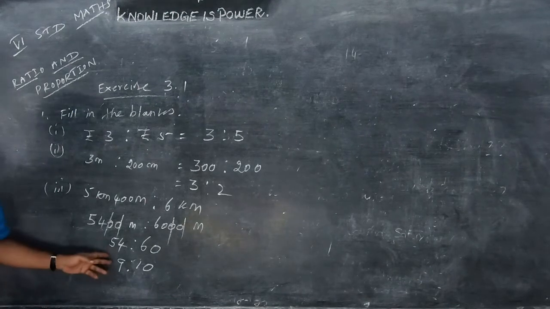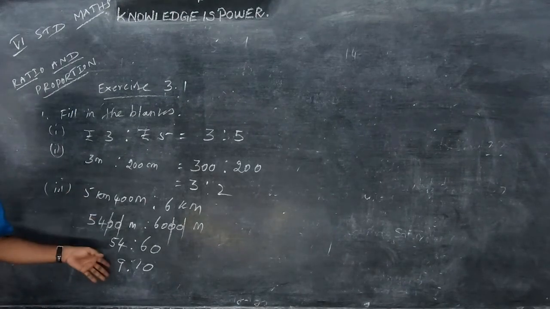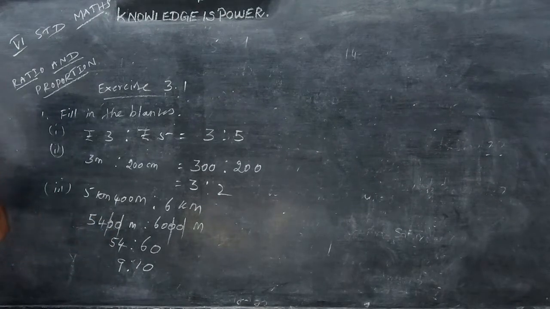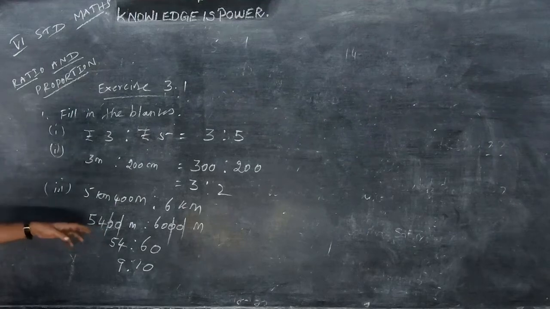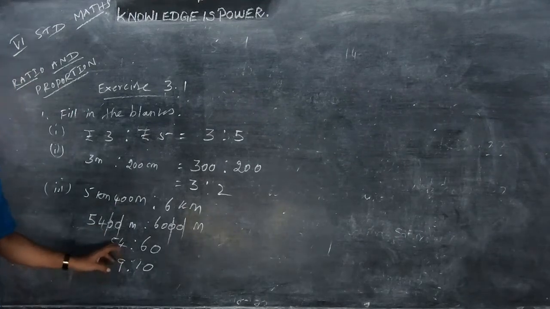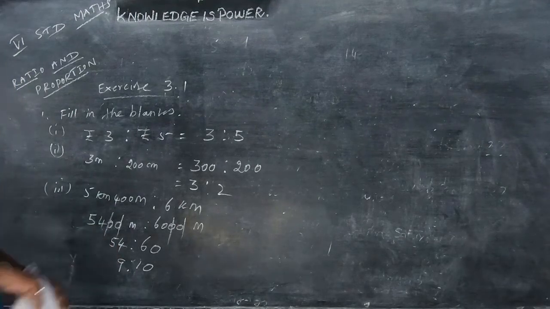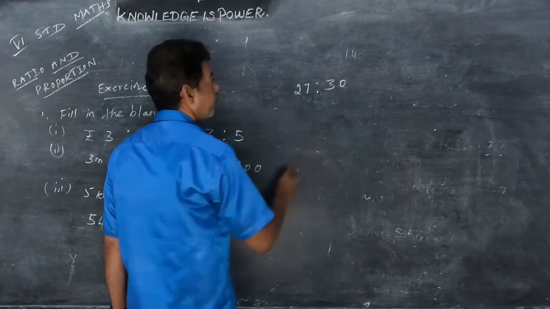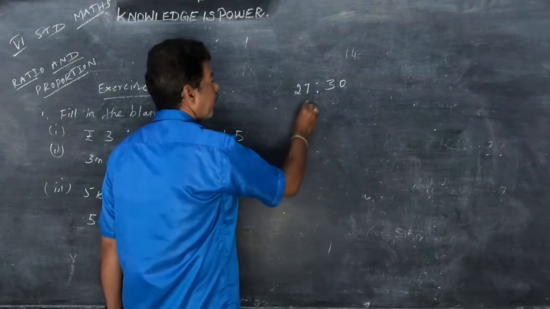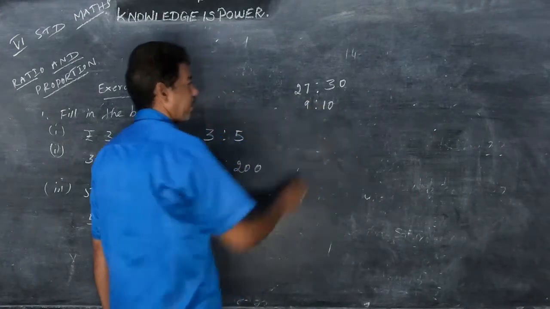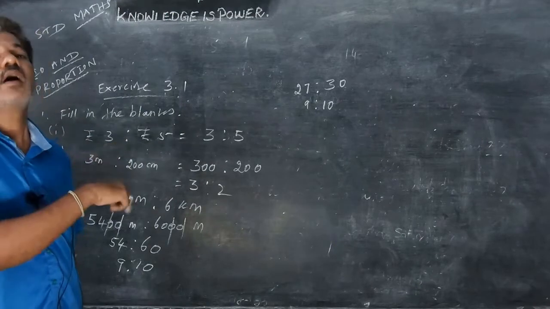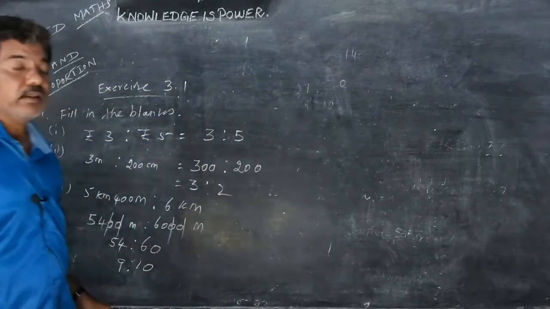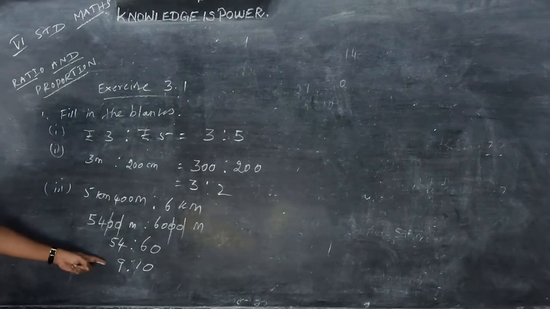If you use the big table it will be easy, it will reduce the number of steps. If you use a small table it will take some more time. 2 table யூஸ் பண்ணா 27 is to 30 வரும். இதுக்கு 3 table யூஸ் பண்ணு, 3 table-ல 9 times, 10 times. So one more additional step, but directly I used the 9 table and 6 table, so I am getting it within one step.